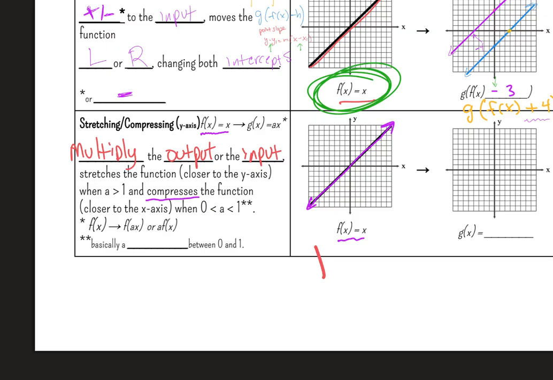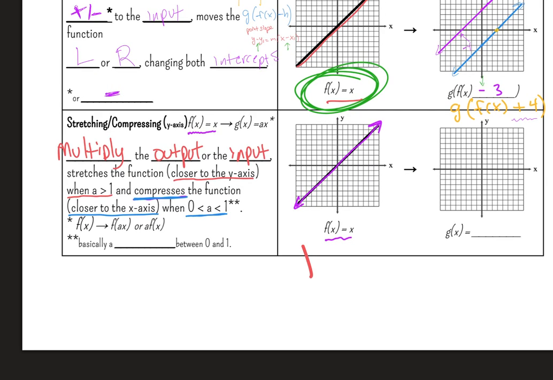And it's going to stretch it closer to the y-axis when a is greater than 1. And it's going to compress it closer to the x-axis when a is between 0 and 1.